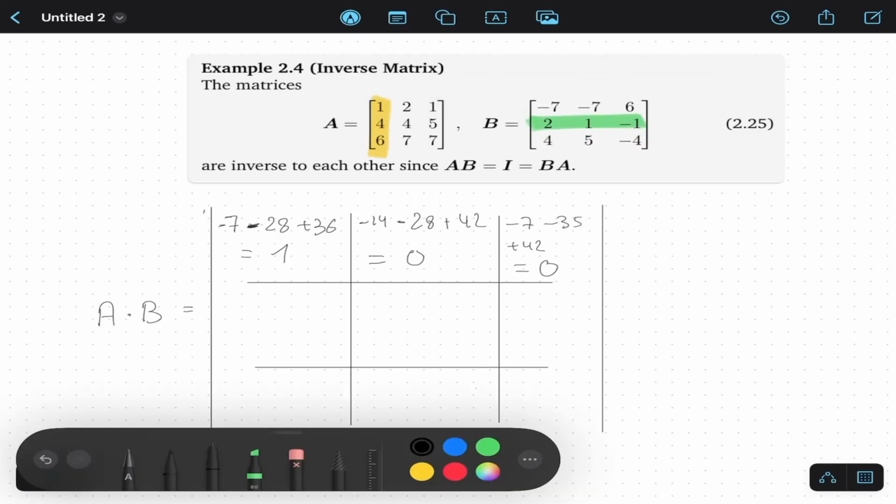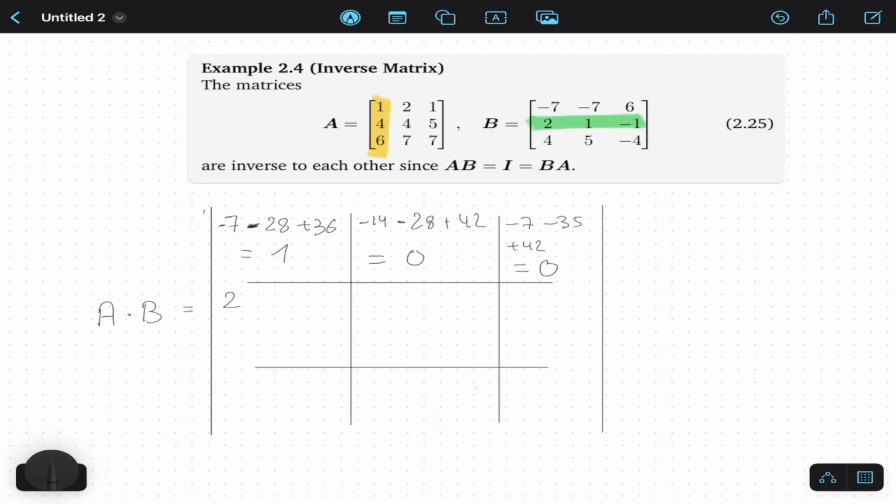So let's do it again. It's 2 plus 4 minus, what is it, 6, minus 6, right? So this one is 0. Then we move yellow 1 to the right. Then we have 4. Then we have 4 again. And then we have minus 7.